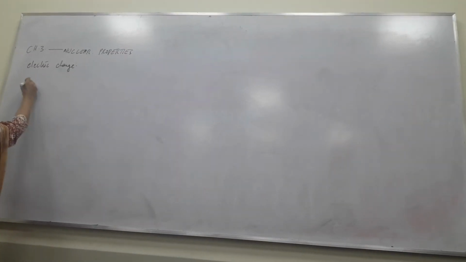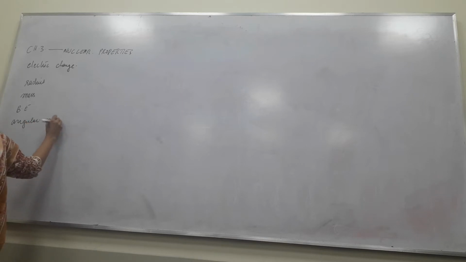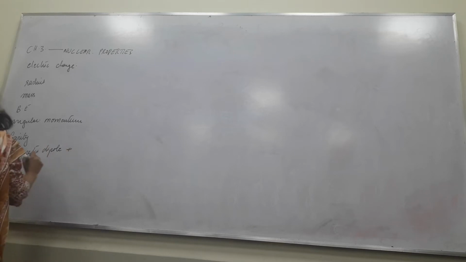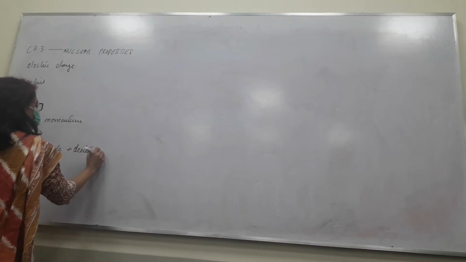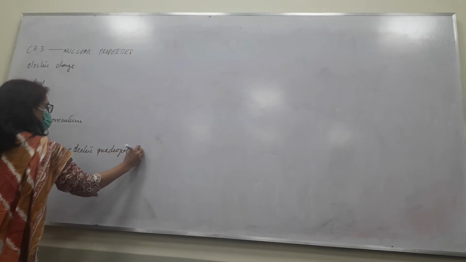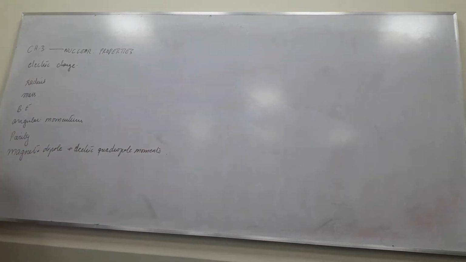So, electric charge, radius, we have mass, we have binding energy like we have discussed in the previous classes, angular momentum, parity, magnetic dipole, plus electric quadrupole moments, and energies of excited states. Okay. So, these are some of the properties that we will be discussing.